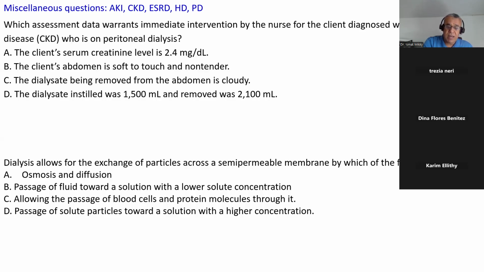This is one of the functions of the dialysis machine, at certain rates and velocities. So osmosis is for fluid removal and diffusion is for particle removal, the passage of electrolytes, urea, and creatinine. Remember, patients with ESRD present right before the dialysis session with a high potassium level, for example hyperkalemia.